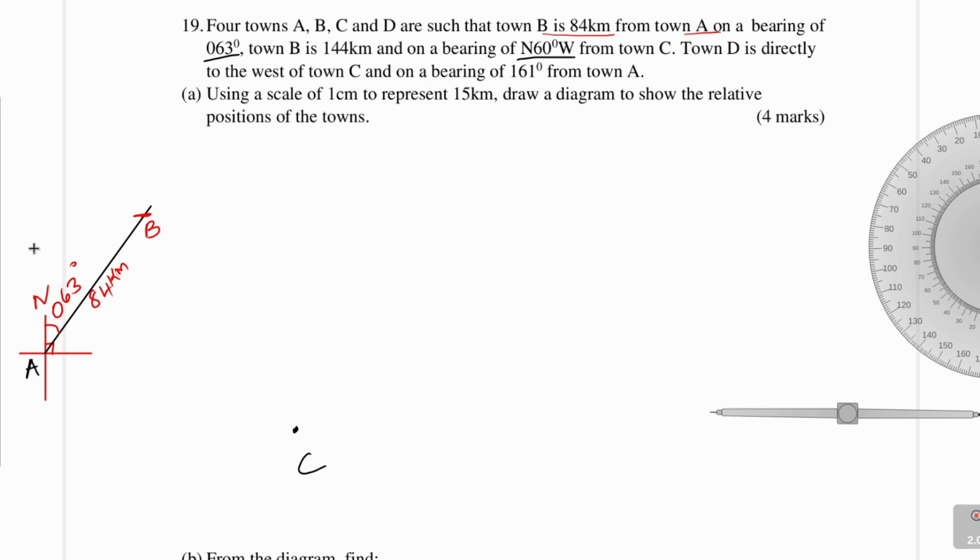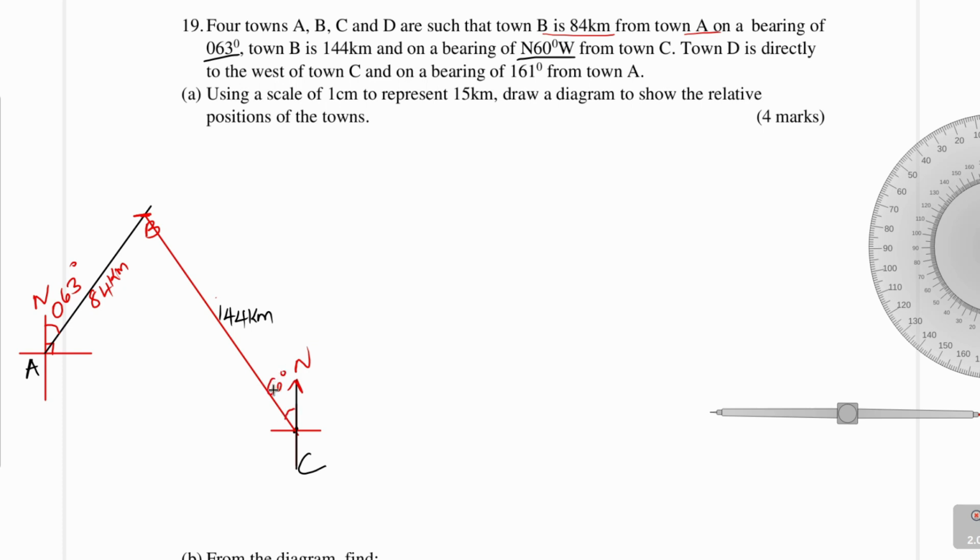So let me draw the compass here. So that is the compass. So point C is there. If I join these, I want to show you how you measure that angle. This distance is 144 kilometers. And then this is the north, 60 degrees.